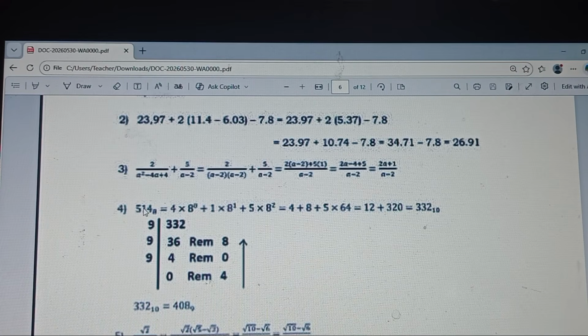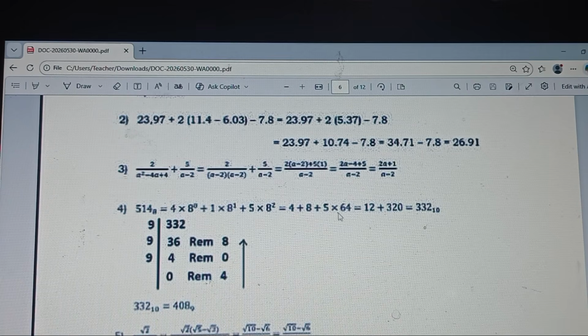Question number 4 is the question for converting from base 8 to base 9. You start by converting from base 8 to base 10. You take 4 times 8 power 0, plus 1 times 8 power 1, plus 5 times 8 power 2. It is very simple.